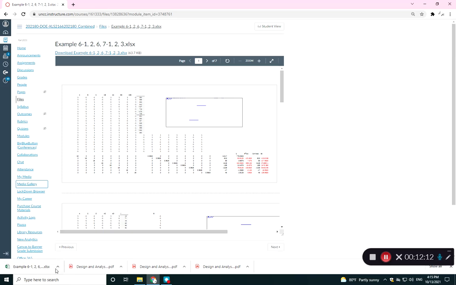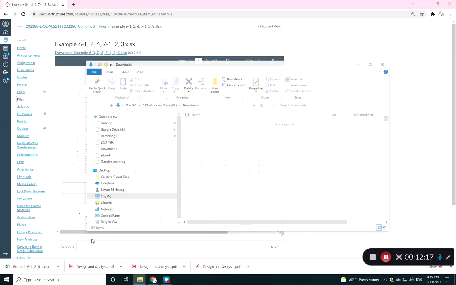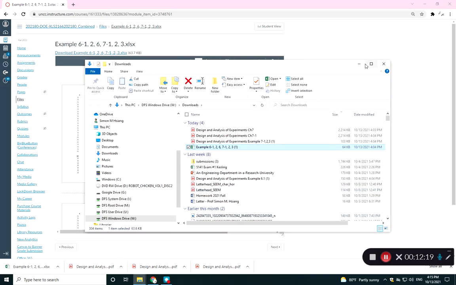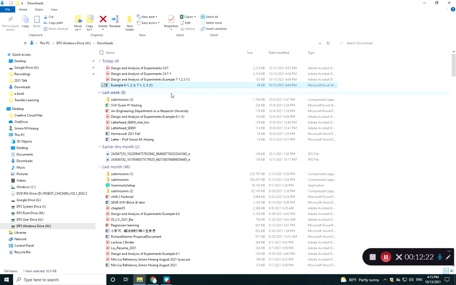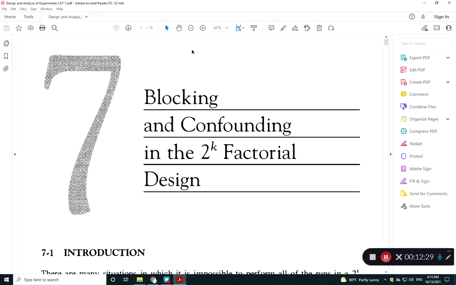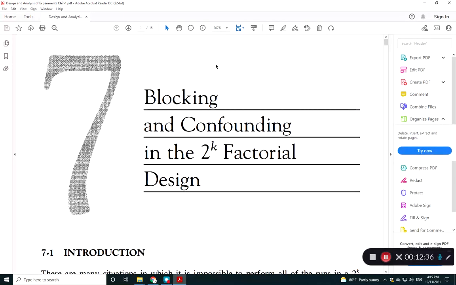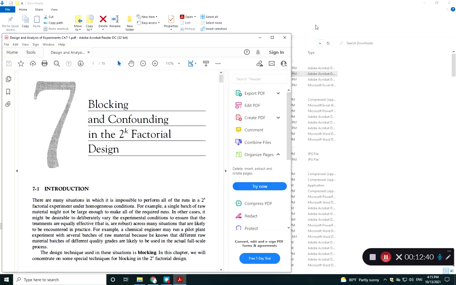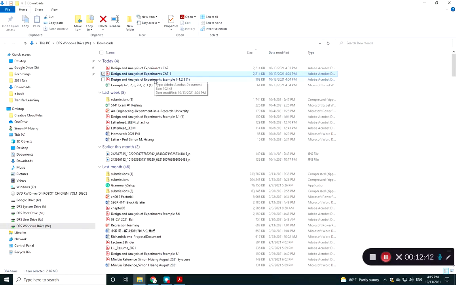Let's go through some of the stuff again. Here are some readings, and what I prefer you to do is not go through a reading first.